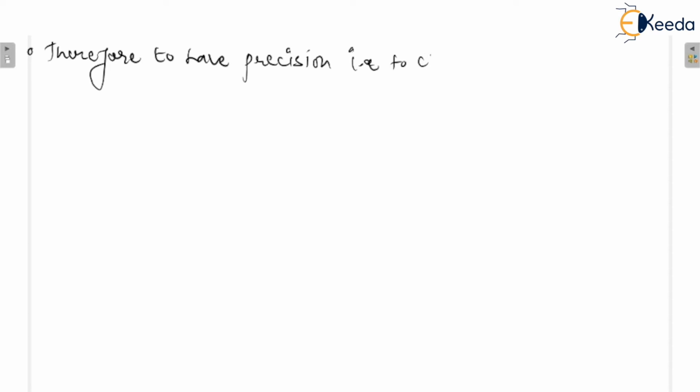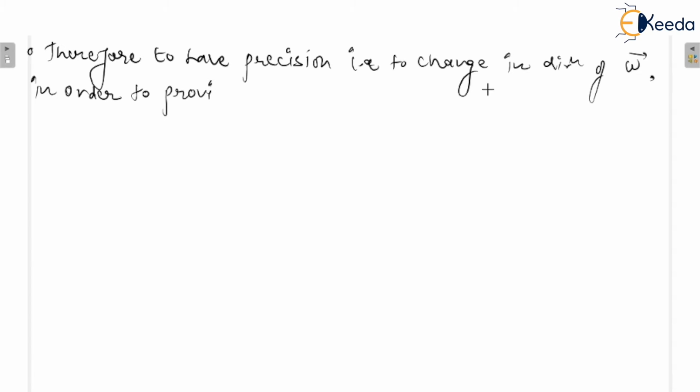So let me write it. Therefore, to have precession means to change the direction of omega, because we want only a change in direction.